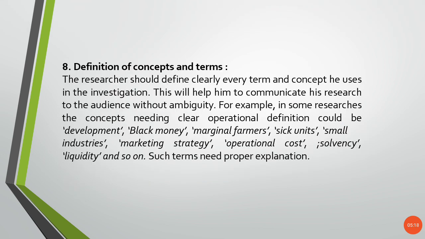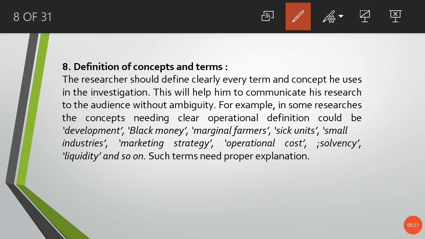8. Definition of concepts and terms. The researcher should define clearly every term and concept he uses in the investigation. This will help him to communicate his research to the audience without ambiguity.